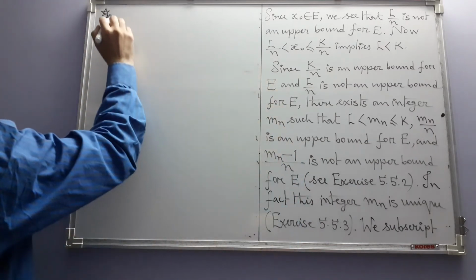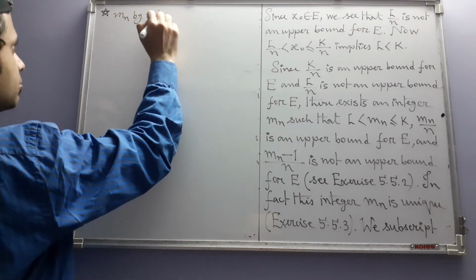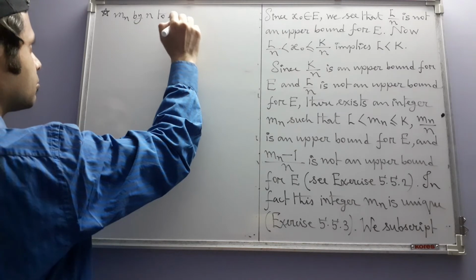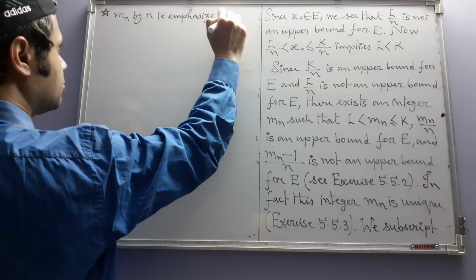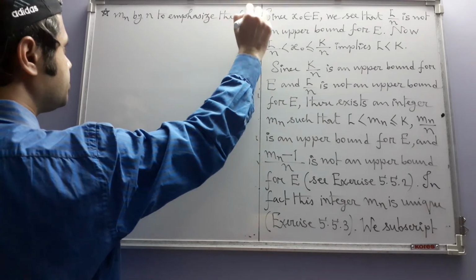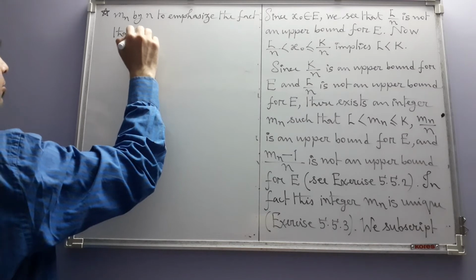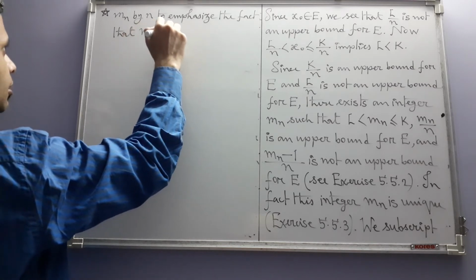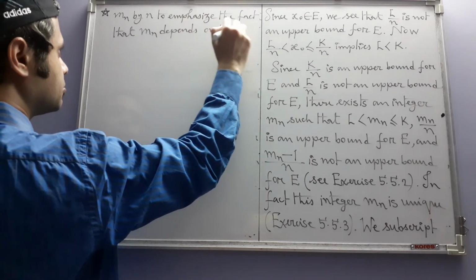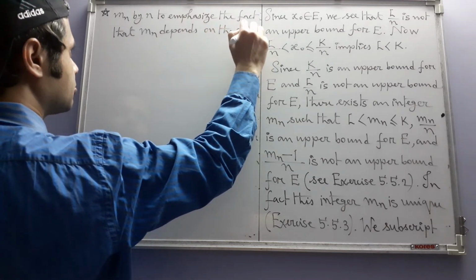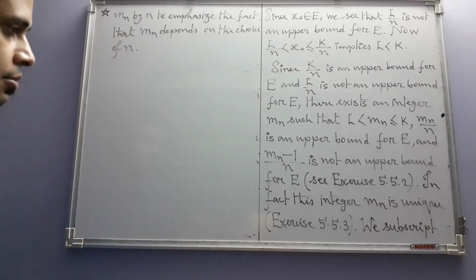So we subscript mn by n to emphasize the fact that mn depends on the choice of n.